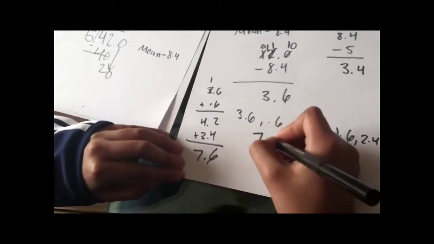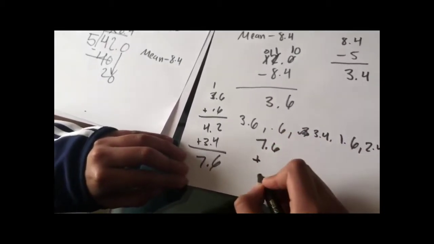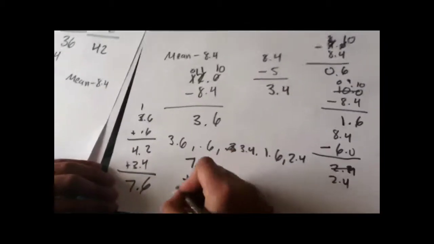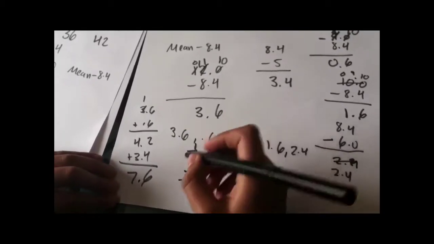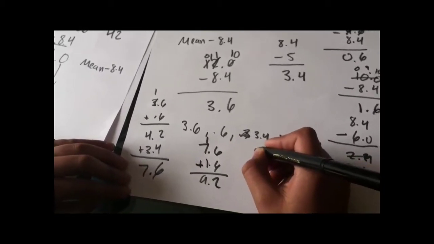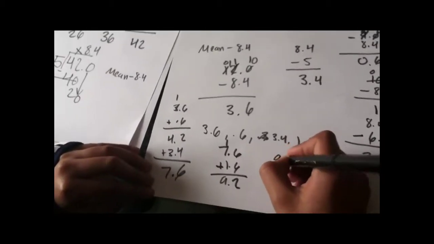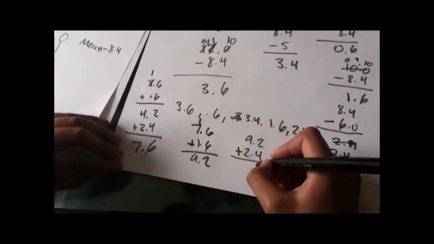Then you add 7.6 plus 1.6, which is 9.2. And then the last one is 9.2 plus 2.4, which is 11.6.